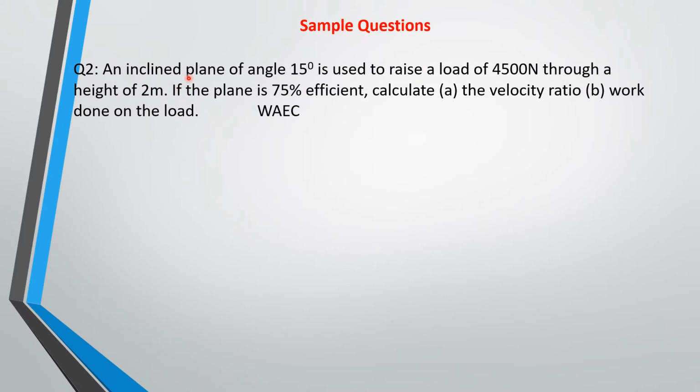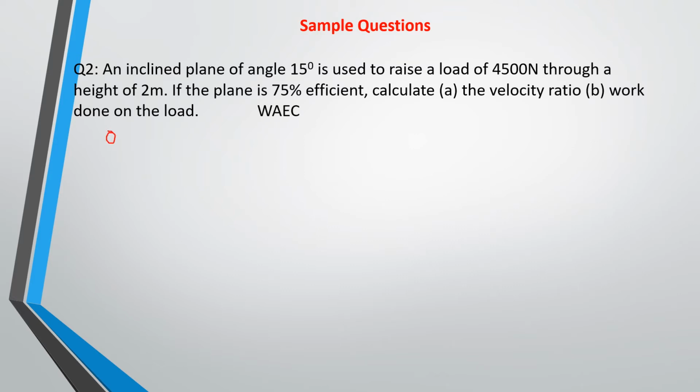An inclined plane of angle 15 degrees is used to raise a load of 4,500 through a height of 2 meters. If the plane is 75% efficient, calculate one, the velocity ratio, two, the work done on the load. So from this particular question, we are given the efficiency of the machine.